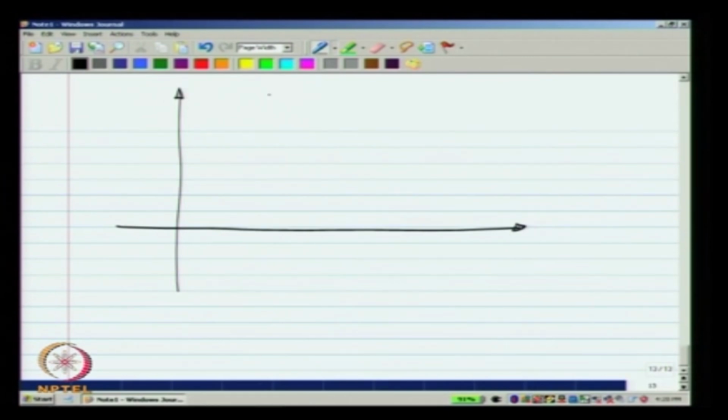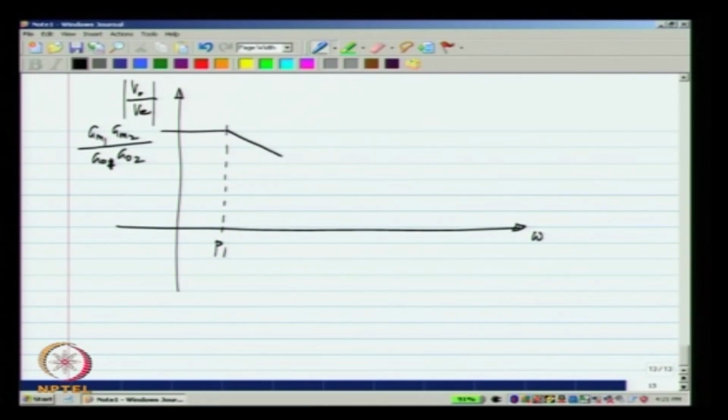If we draw the magnitude response of the 2-stage op amp, it will have a DC gain of GM1 GM2 by GO1 GO2, which is the product of the DC gain of the 2 stages, and there is a pole, and at that point there will be a break point and the gain drops at 20 dB per decade.